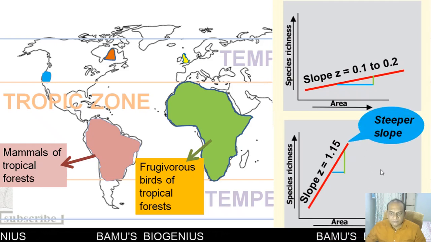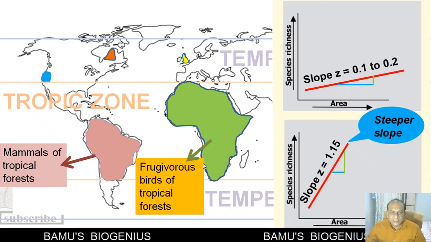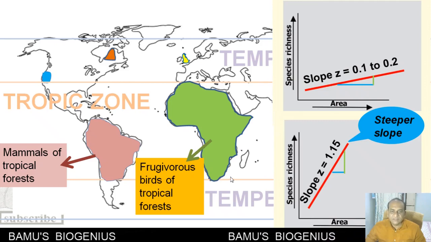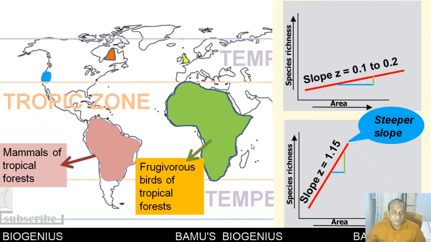And why is this happening? This is happening because in larger areas, different types of ecosystems, habitat diversity, or ecological niches are available for species to accommodate.